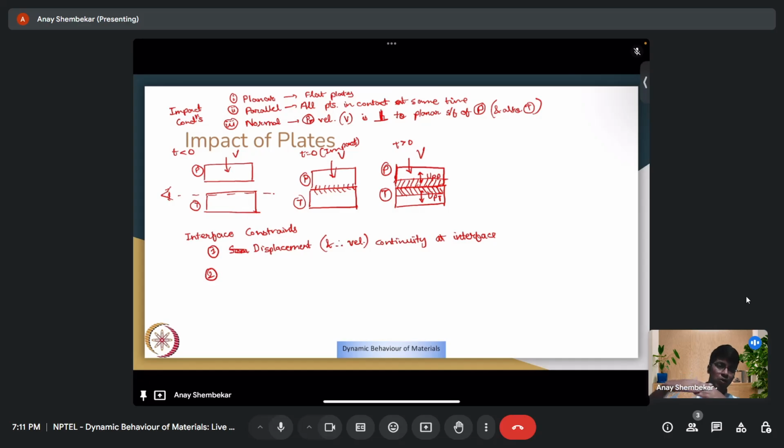Here we are assuming only one shock front in both projectile and target, so that would require the force in both the projectile and the target at the impact surface to match. They should have equal magnitude. That would lead to them having the same pressure along the impact surface.